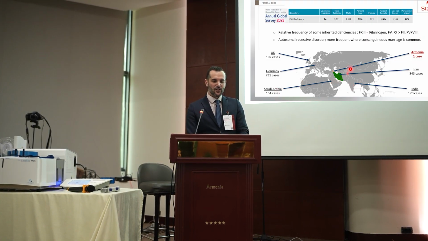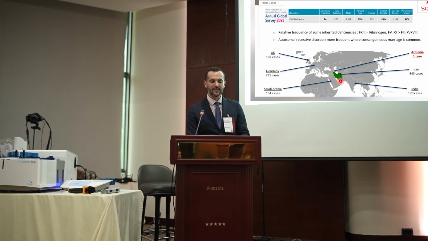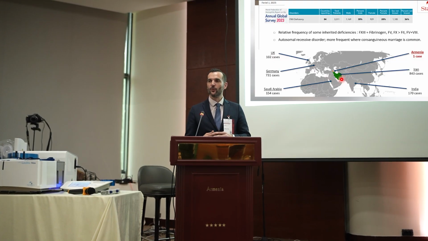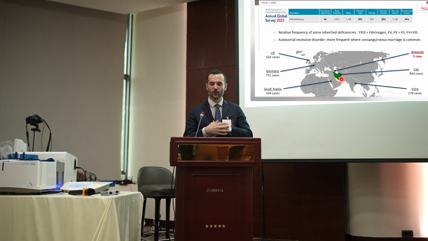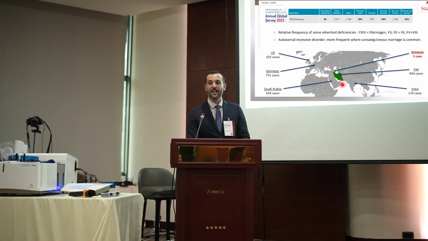But I show you on this slide the countries which have many cases of this disease, and you can see that the country which has the most factor 13 deficiency around the world is Iran. And Iran is close to Armenia.